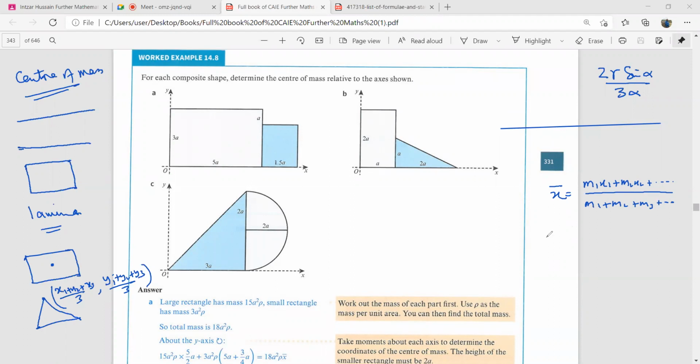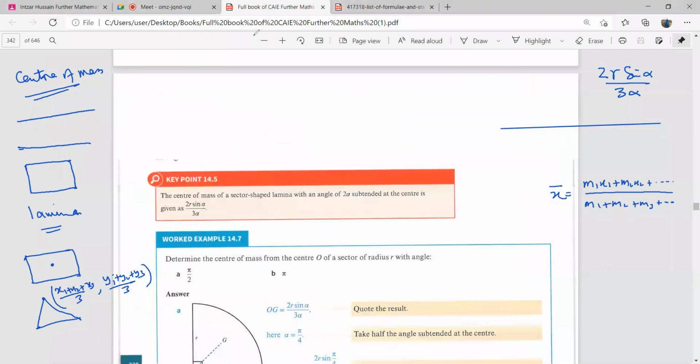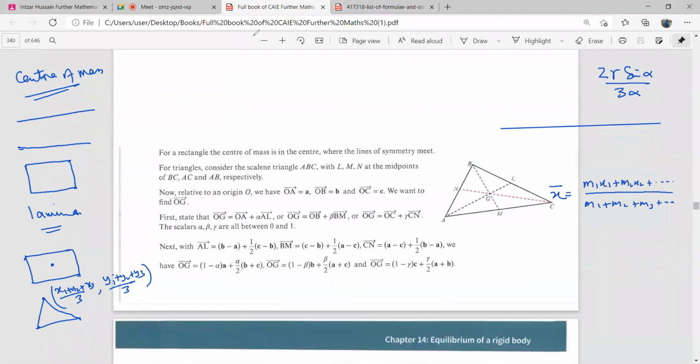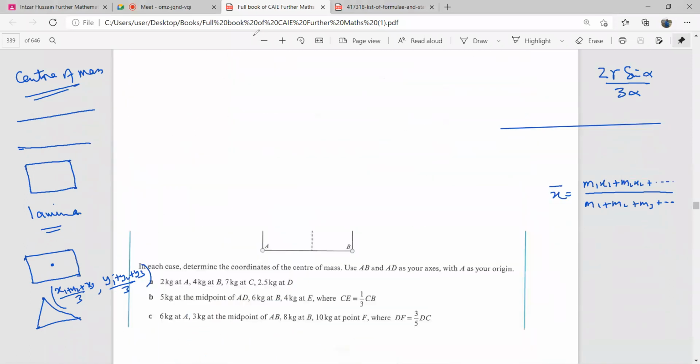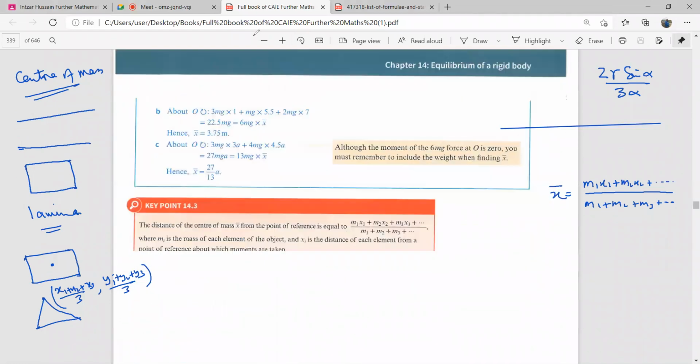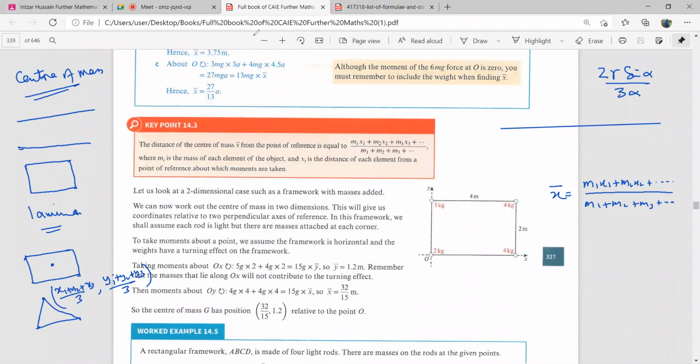Then we moved on to the two-dimensional situations. Let me take you to that situation so that I can recap it quickly. We were finding the center of mass for something like this.